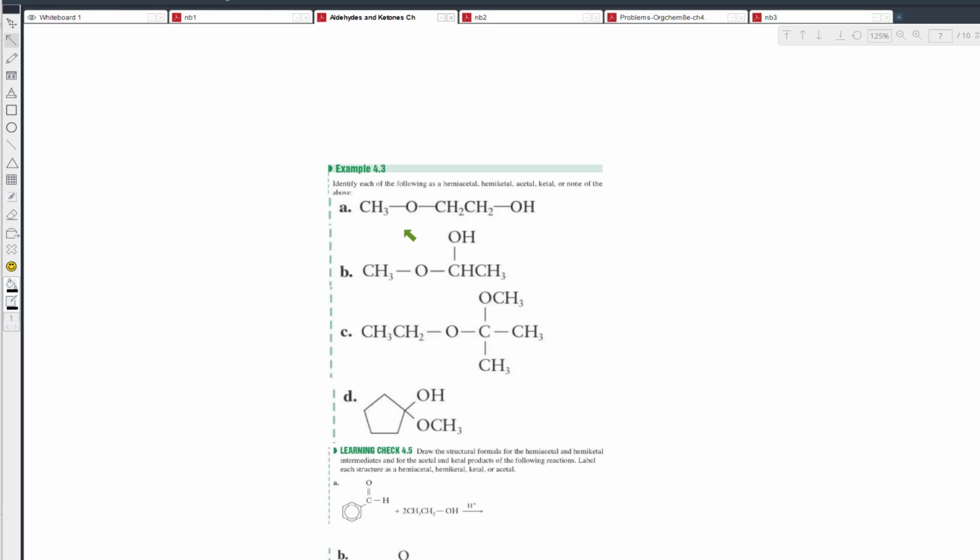No. Why? Because for hemiacetal, your OCH3 is attached to this carbon, and we also need the OH attached to this carbon, but the OH is attached to another carbon. So it is none. It is not a hemiacetal or acetal or ketal. Is that clear? For hemiacetal, you need the OH and the OR group on the same carbon.